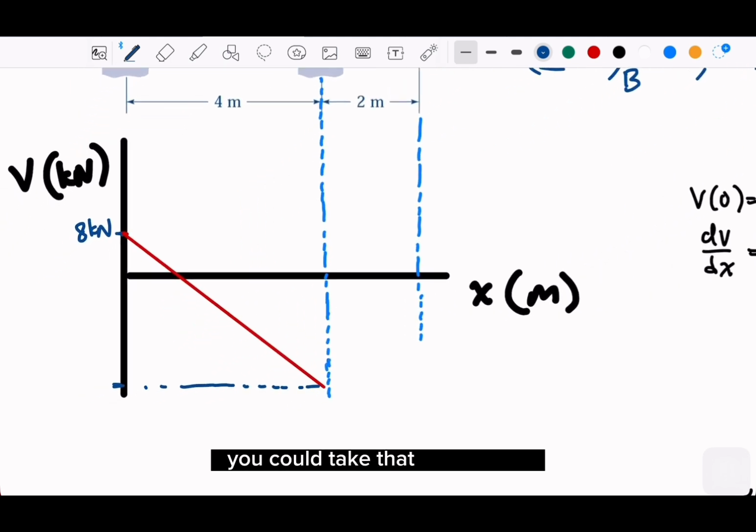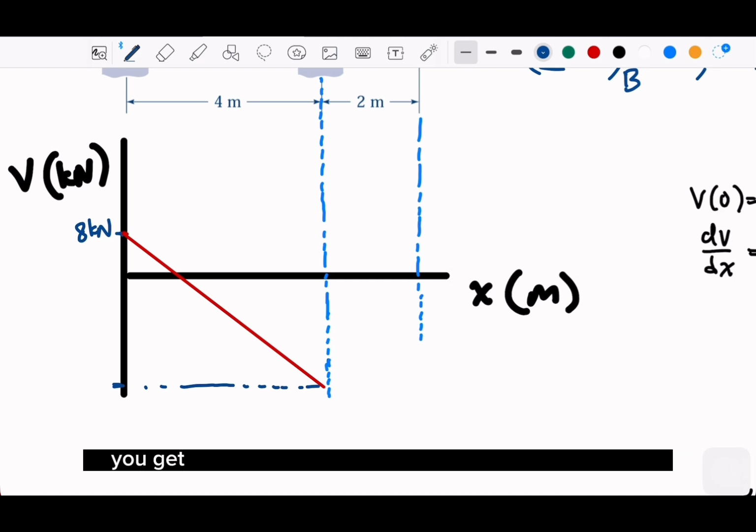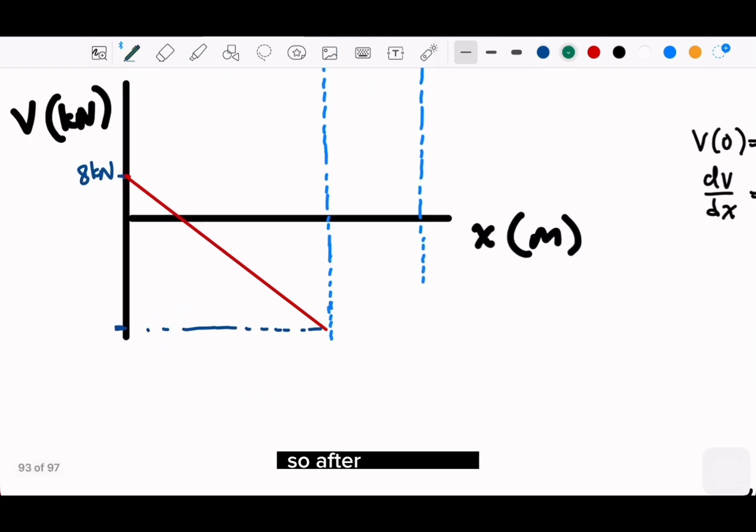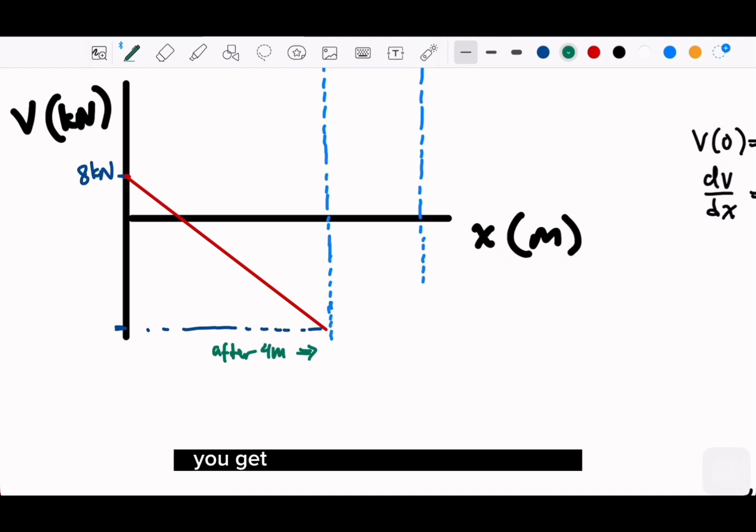You could take that first. Maybe let's talk about the distribution first before the 40. So you get further down about negative 32, right? After 4 meters. So let me write here. After 4 meters, you get negative 32 kilonewton.